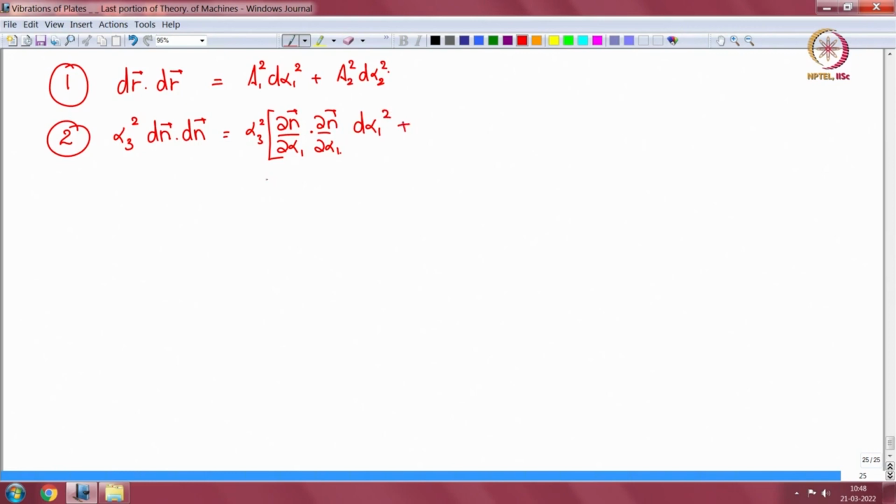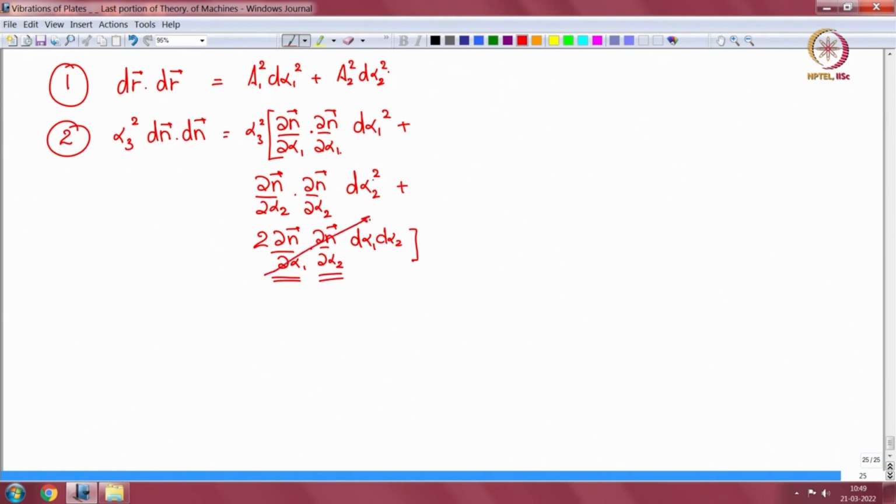plus del n by del alpha 2 dotted with del n by del alpha 2 d alpha 2 squared plus twice del n by del alpha 1 dotted with del n by del alpha 2 d alpha 1 d alpha 2. Now we are in orthogonal curvilinear coordinates, so this and this are perpendicular, so this goes away.